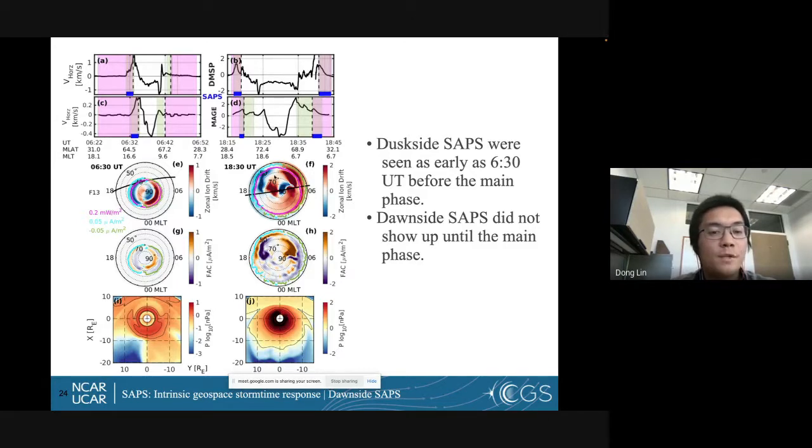However, at 18 UT, which is basically near the minimum or the peak of the storm activity, you can see the equatorward region 2 field-aligned current boundary is at much lower latitude compared to the auroral boundary.